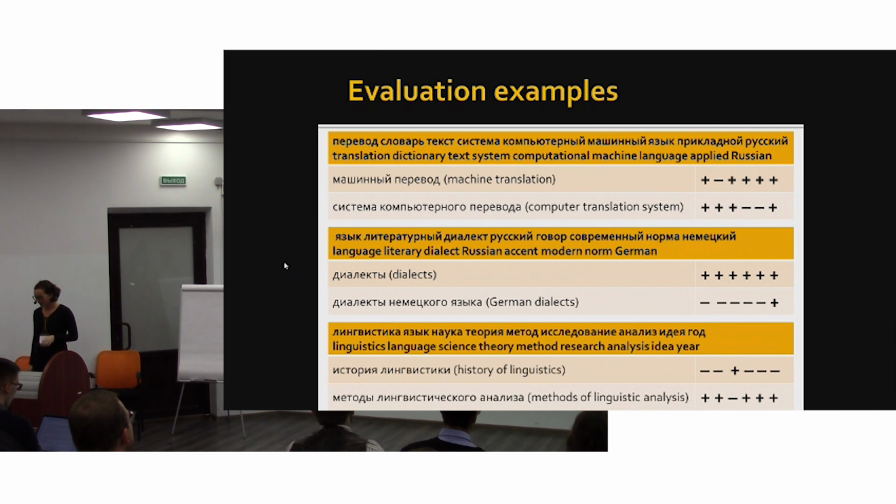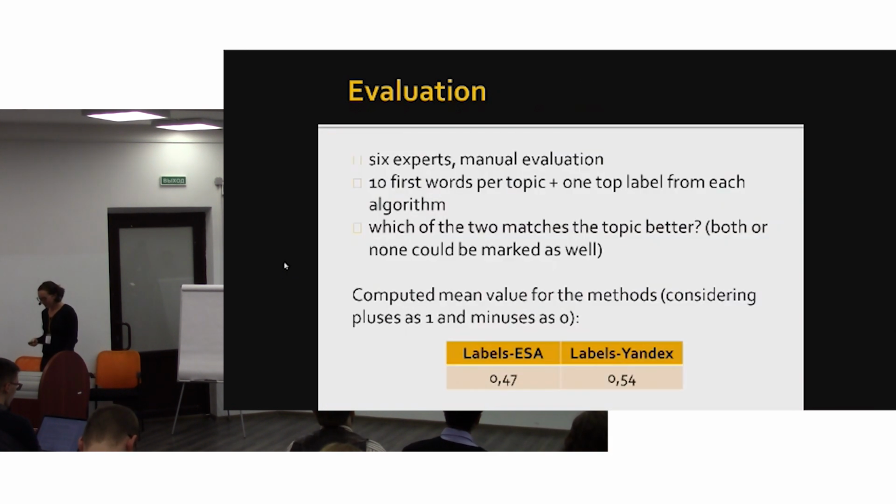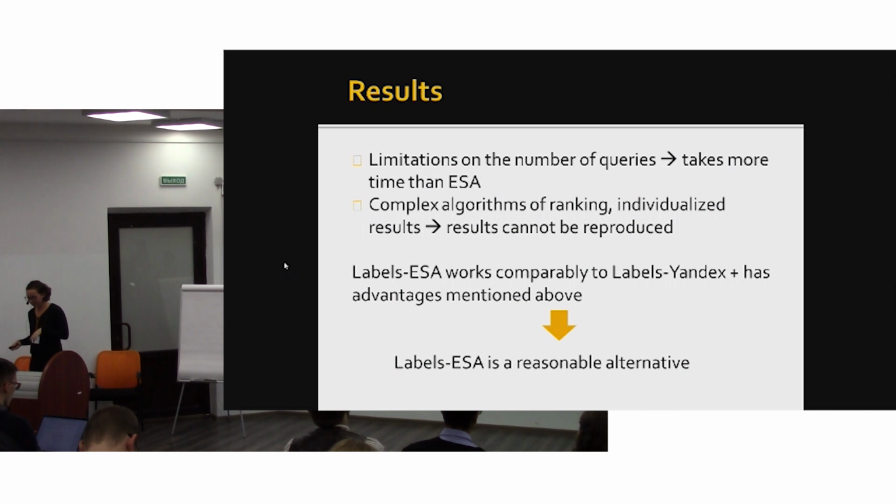And here are some evaluation examples. There is a topic, 2 labels, and pluses and minuses showing how our experts evaluated them. We also computed the mean value for the methods, considering pluses as 1s and minuses as 0s. And here are the results: 0.47 for labels ESA and 0.54 for labels Yandex.